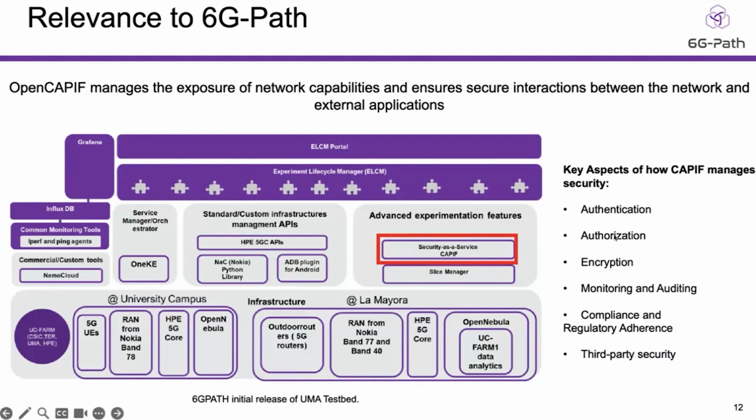The authorization determines the API access based on predefined roles and policies, ensuring each user or system only has access to the authorized resources. Another important key aspect is the encryption using mutual TLS communication.